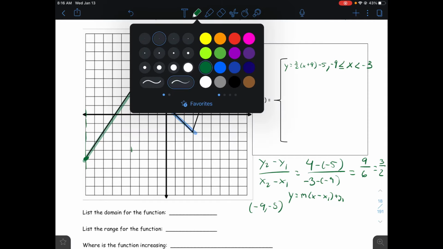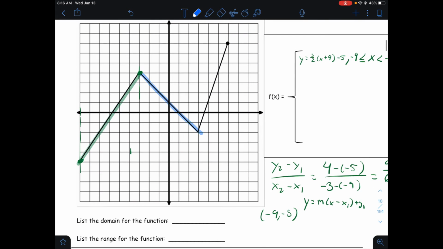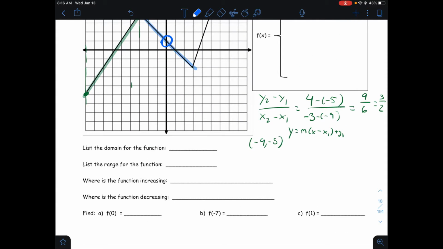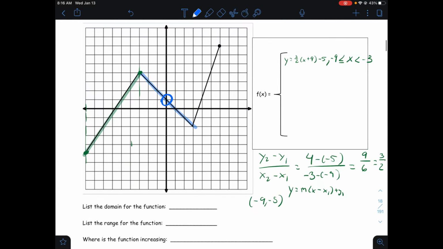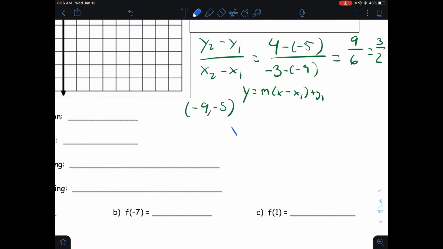Actually, this one is a little bit easier because it goes through the y-intercept. This is the y-axis, and we can tell it goes through the y-axis. So we can put it straight into y equals mx plus b.